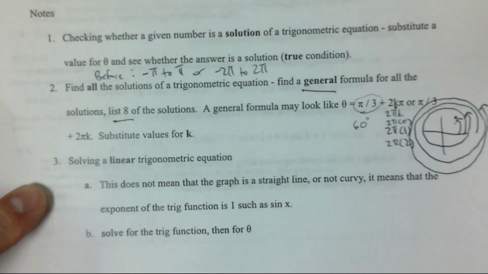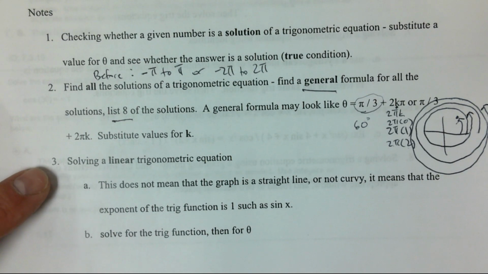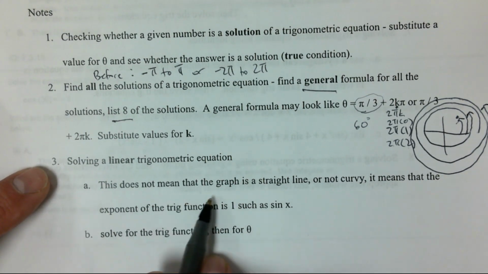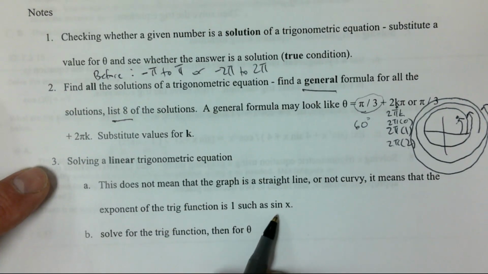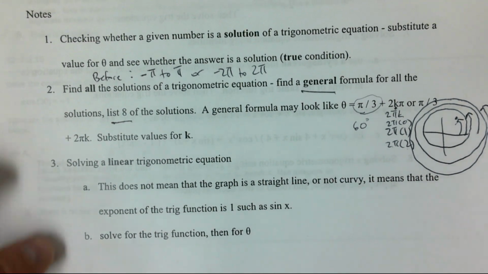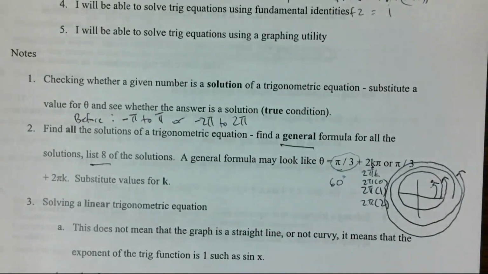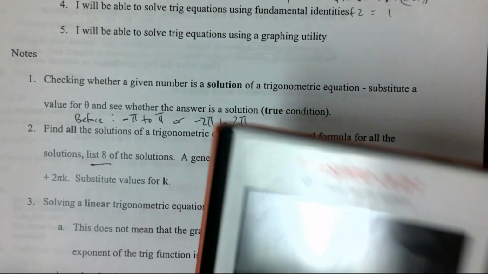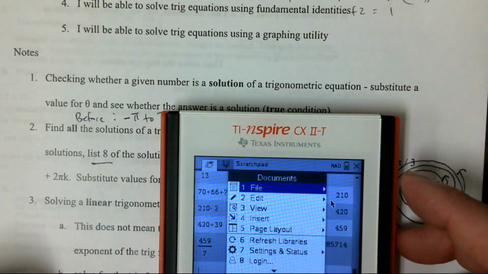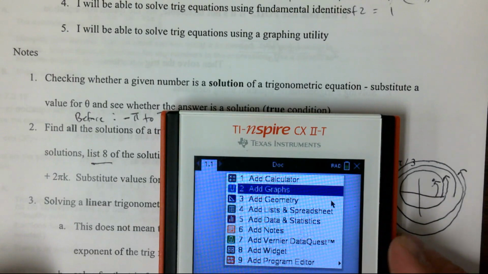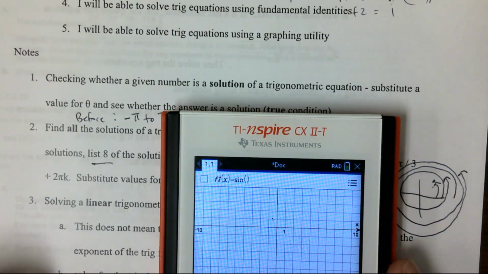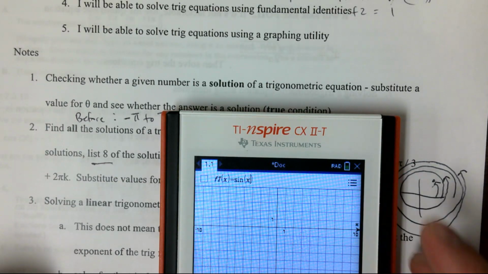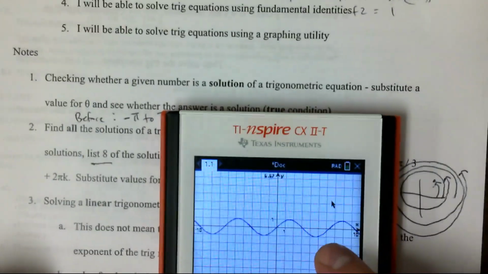Now when we talk about solving a linear trig equation, that doesn't mean it's a straight line or not curvy. It means the exponent is 1, like sine x. Just as a reminder, if you're graphing and say you press the trig button and do sine x, say you're in radian mode, it's wavy, which is what we want.